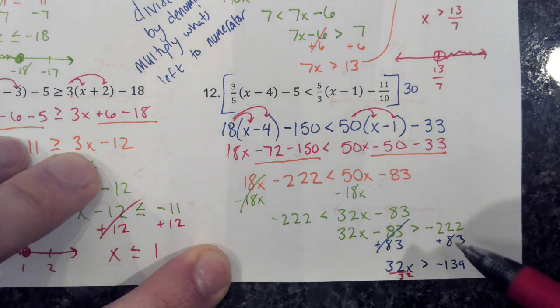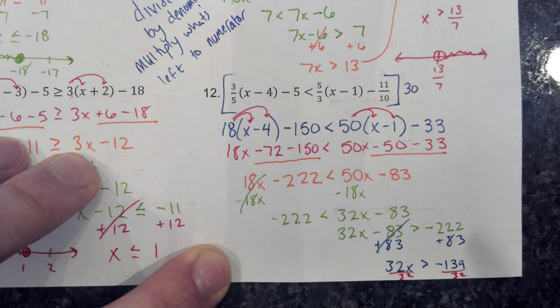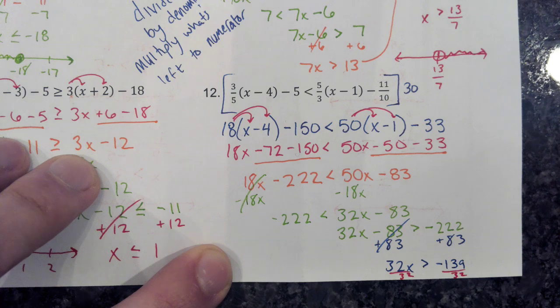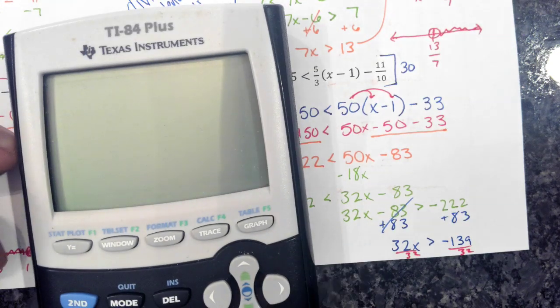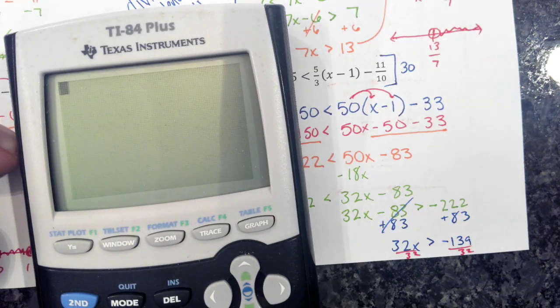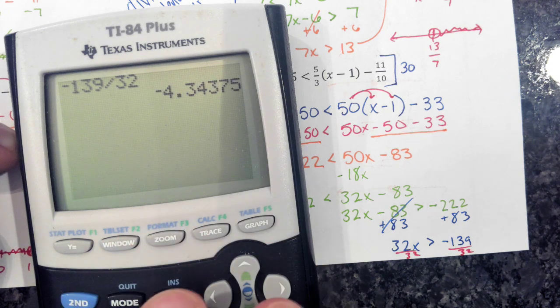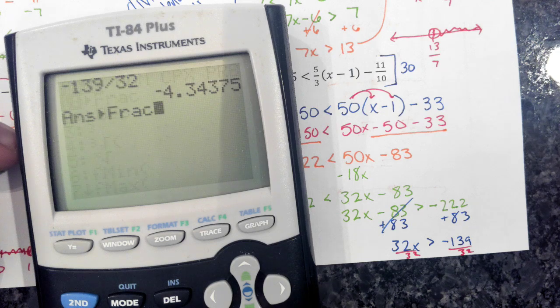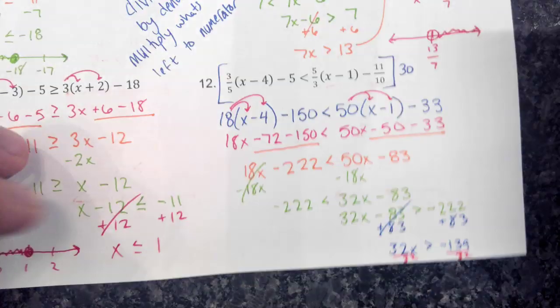Sorry, I kind of ran out of room there, but hopefully you can see that. And then we just got to check. I don't think it goes into it evenly. Does it reduce? I'll pull up my calculator for that one. Negative 139 divided by 32. It's not even. As a fraction, yeah, it doesn't reduce. So that's going to be our answer.